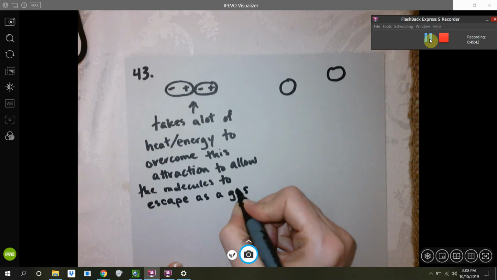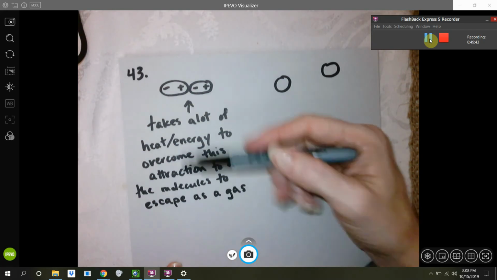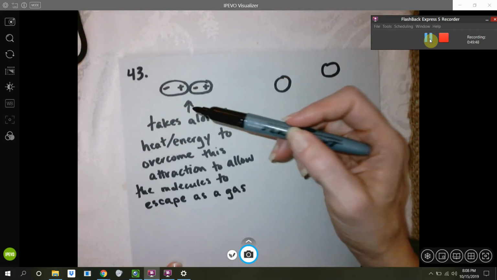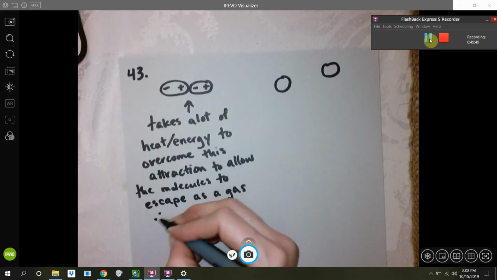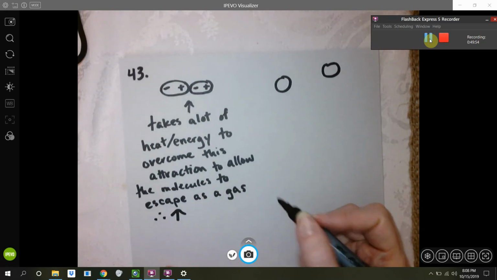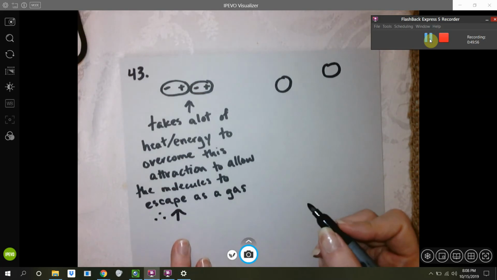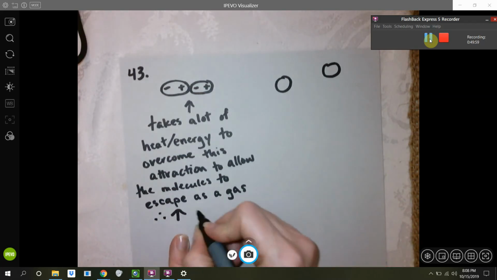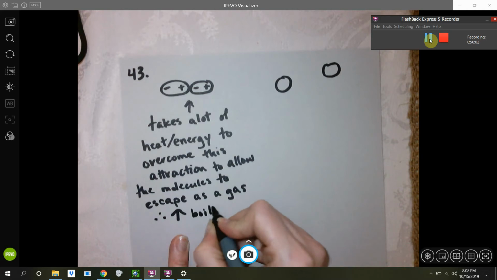They'll have to break that association and fly off into the atmosphere as a gas. So it takes a lot of energy to do that. Therefore, they have high melting and boiling points. So here they were asking us about boiling point. So we'll say high boiling points.